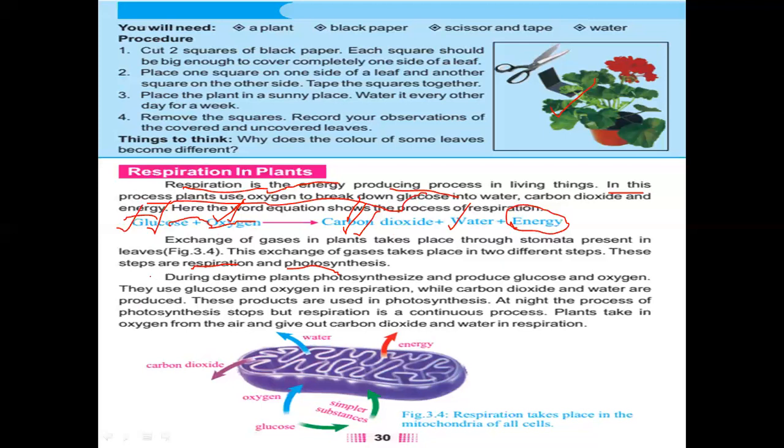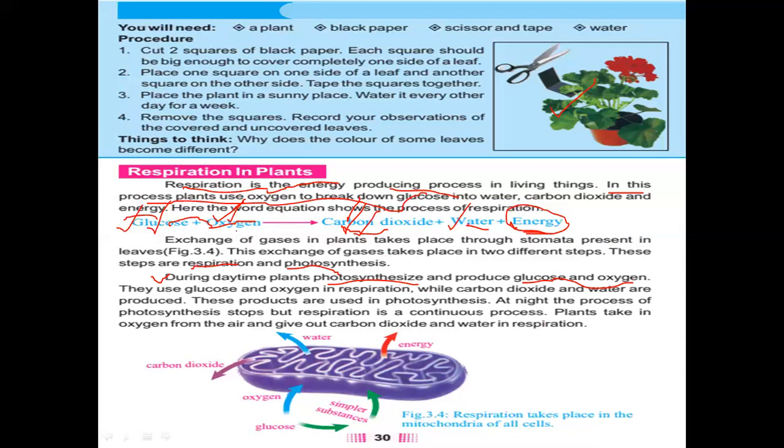Okay, so in the daytime, what happens? Plants photosynthesize, which means they prepare oxygen as well as the main important substance, that is glucose. This is the photosynthesis process: with the help of carbon dioxide, water and sunlight energy, they make oxygen and glucose.